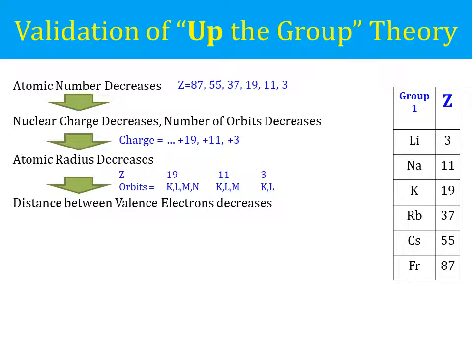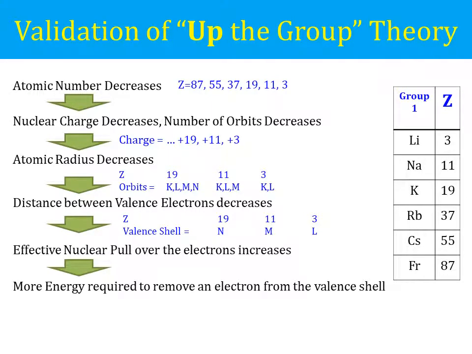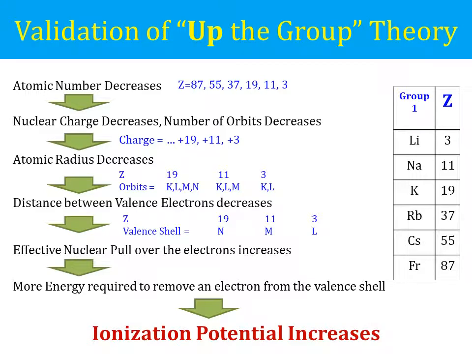From 19 it was N, then M, then L. I'm doing just the reverse. And hence the effective nuclear pull on the electrons increases, which means more energy is required to remove an electron from the valence shell, and ionization energy, ionization potential, increases, right?